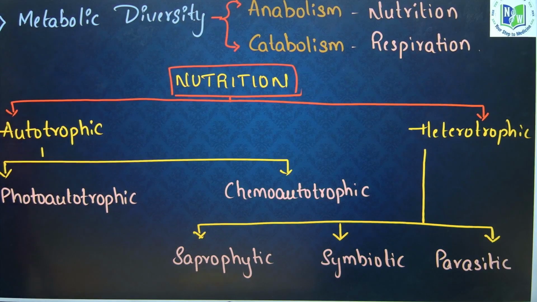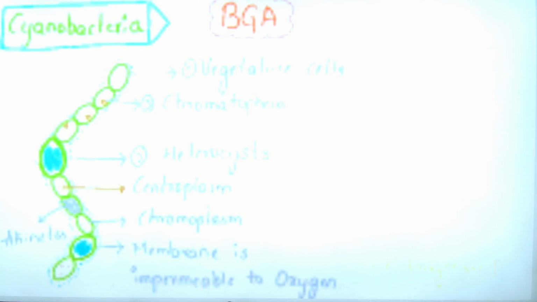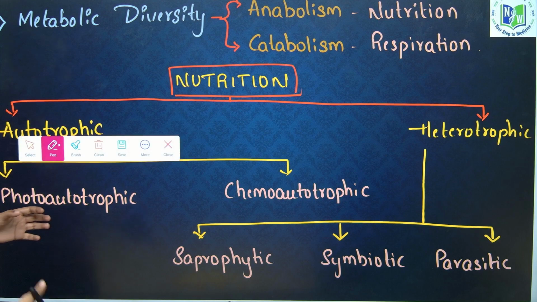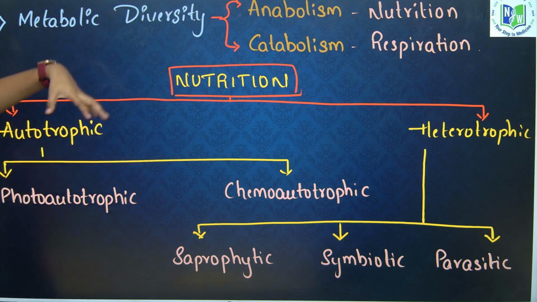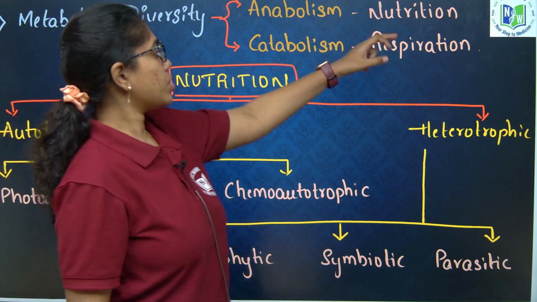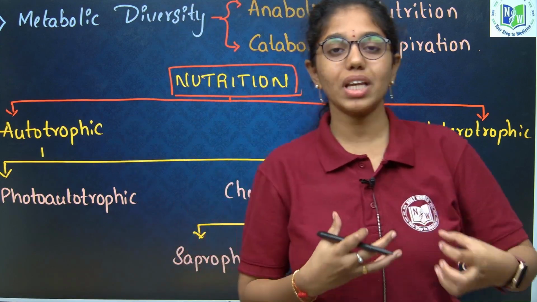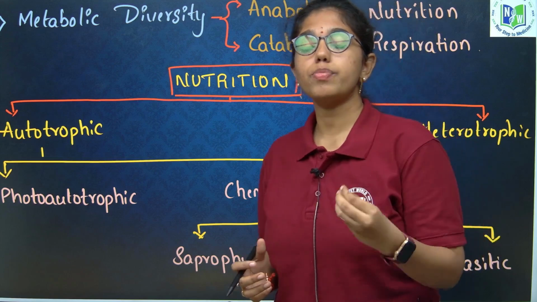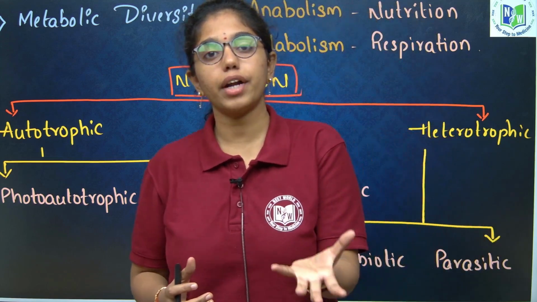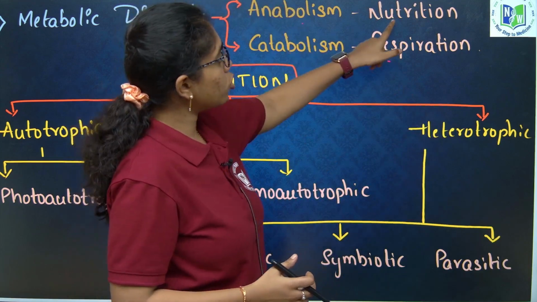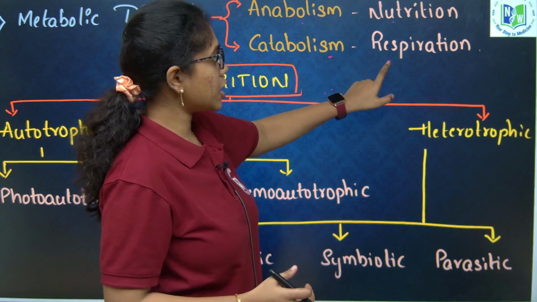Next, metabolic diversity. You have two types: anabolism and catabolism. Anabolism includes the synthesis of complex molecules like carbohydrates, proteins and lipids, which includes nutrition. Catabolism is the breaking down of complex macromolecules into simpler molecules by releasing the energy required for metabolic activities, that is respiration.